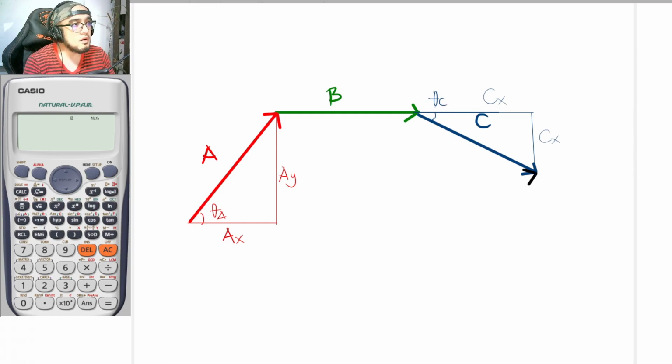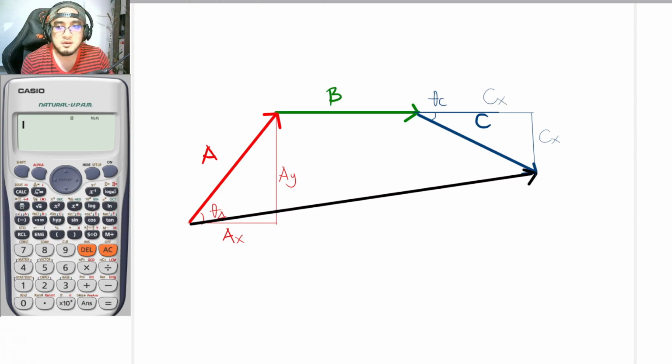Okay, so for our resultant, if I am to redraw it, this is the resultant. The resultant also has a vertical and a horizontal component. So with that, guys, this is the horizontal component of our resultant, and this is the vertical component of our resultant.